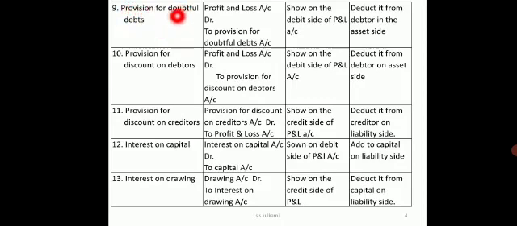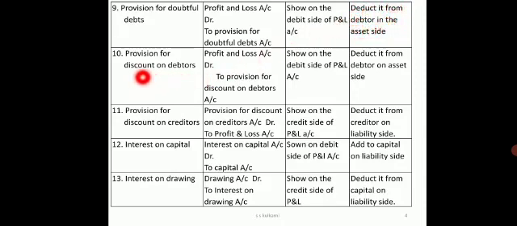Provision for doubtful debts means the amount on debtors is not sure to be received. When they are doubtful to be received, certain provisions can be made by the proprietor. Such provision is a loss and debited to the profit and loss account, and the same amount is deducted from the debtors on the asset side.